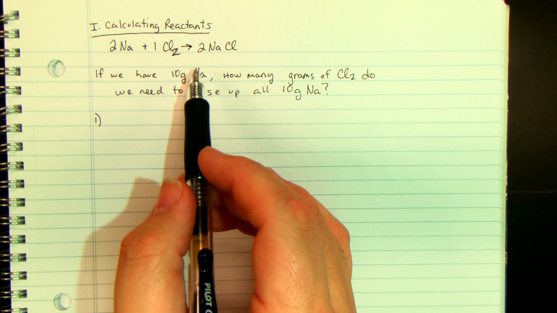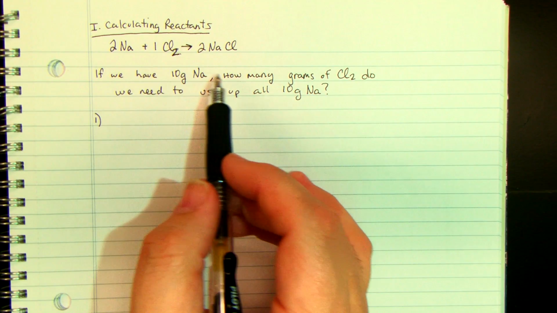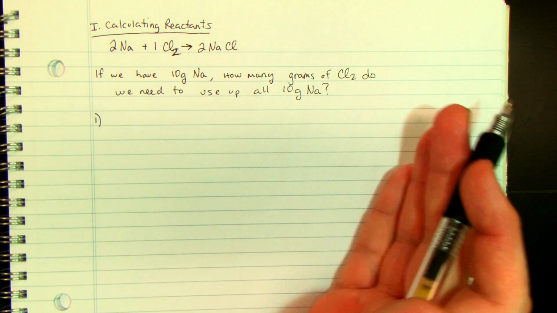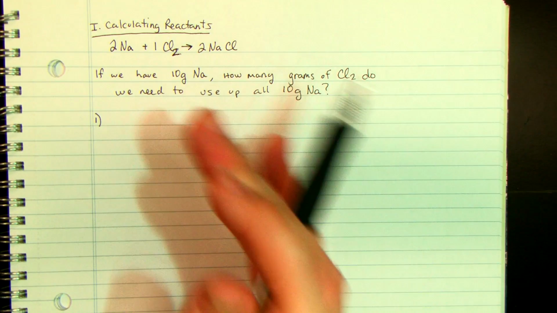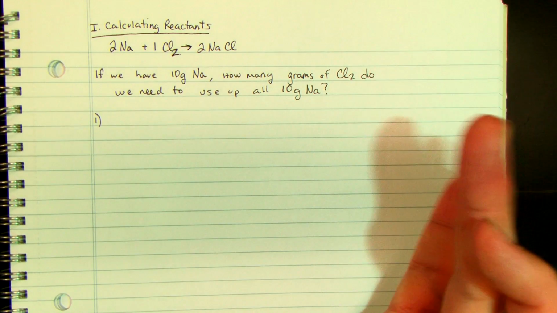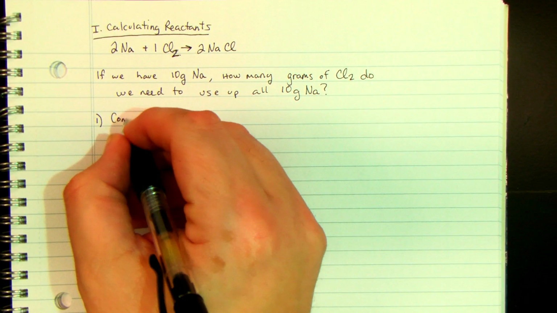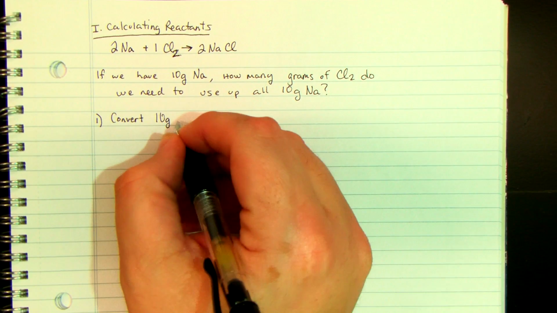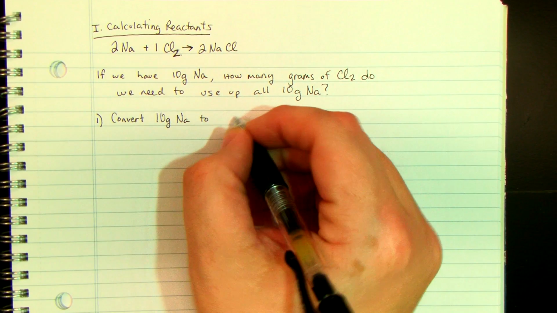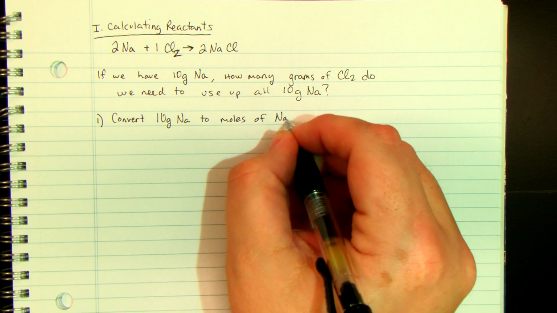And since the balanced equation is comparing moles of elements and compounds, we have to convert things to moles because we do most of our work in moles. So first thing is convert the 10 grams of sodium to moles of sodium.